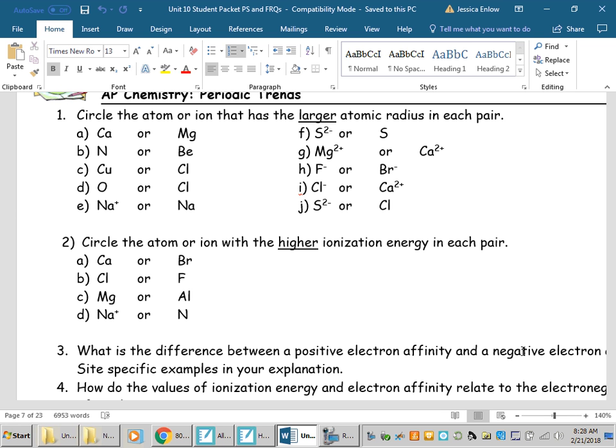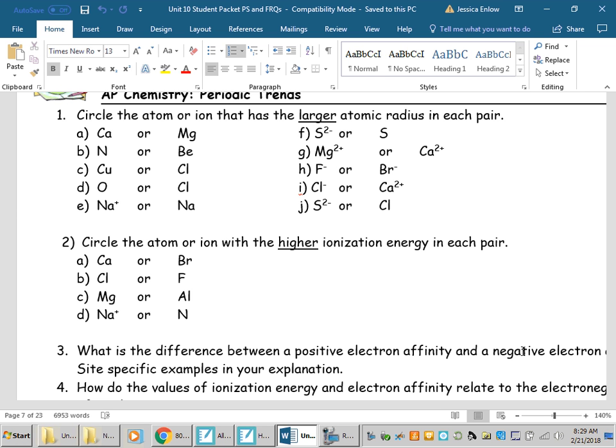Protons are really pulling in the extra electrons left over from calcium. So calcium's not only small because it lost its 4th energy level, it's even smaller because it's got more protons to electrons. Chlorine has 3 energy levels, but then you add an extra electron. So what's the electron doing? The electron-electron repulsion blows up that 3 energy level cloud a little bit bigger. So chlorine 1 minus is larger than calcium 2 plus.